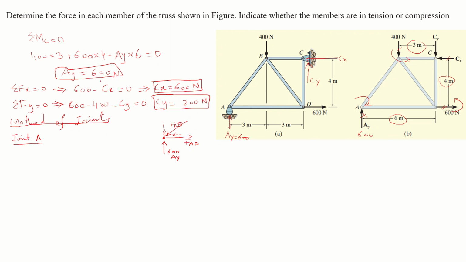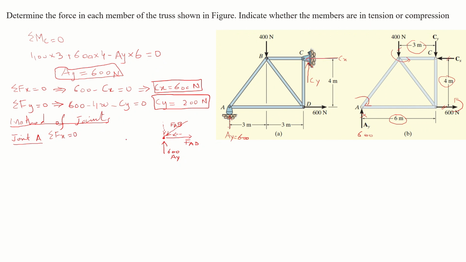So now we will apply equilibrium equations to this joint only. First we applied the equilibrium equations to the whole truss. Now we apply them to this joint only, and the first equation is sigma Fx is equal to 0.